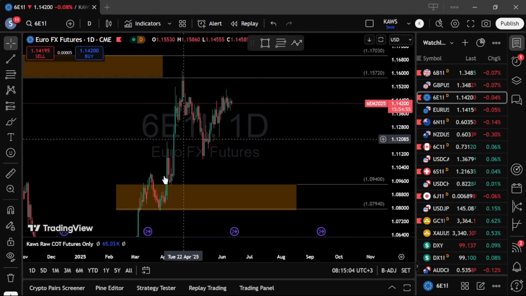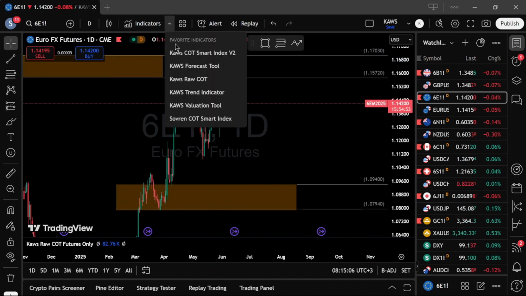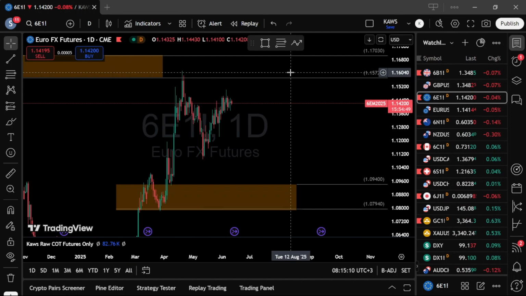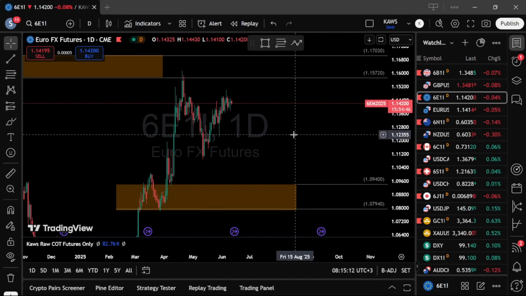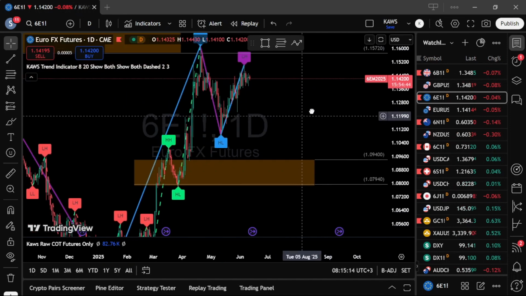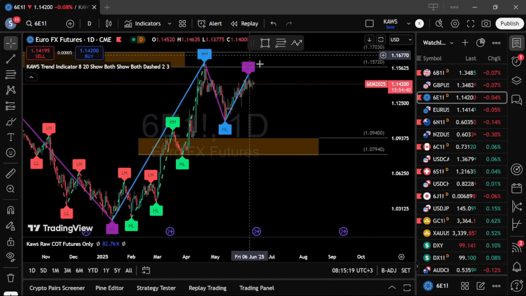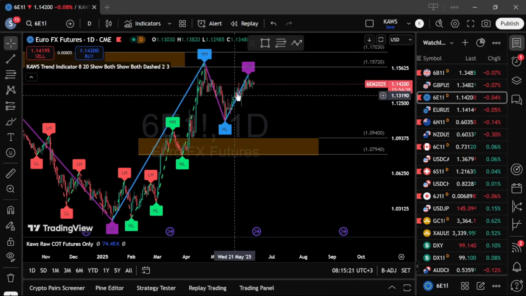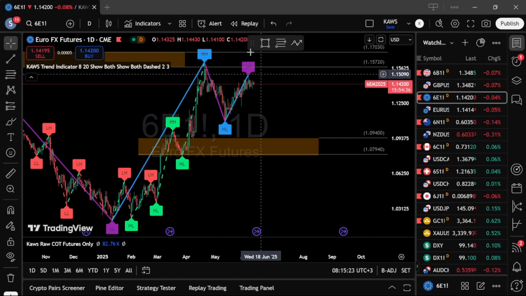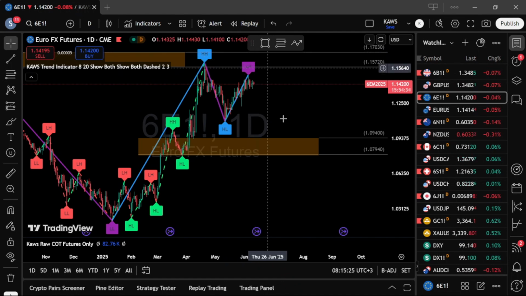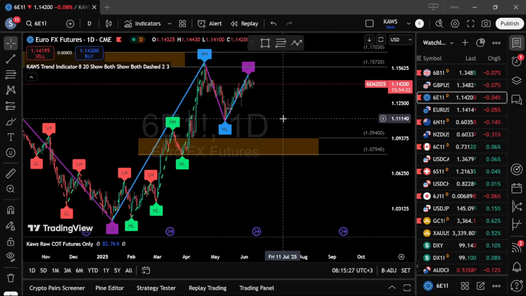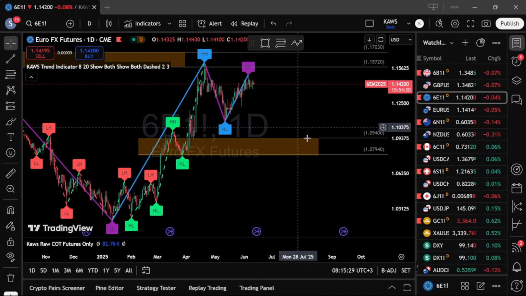Okay, so that's that. Let us look at another indicator. So we have our trend tool as well. We are currently in an uptrend, but we are anticipating a downtrend because we failed to make a higher high. We are making a lower high, and currently if we break, we're gonna get sales all the way down to here.